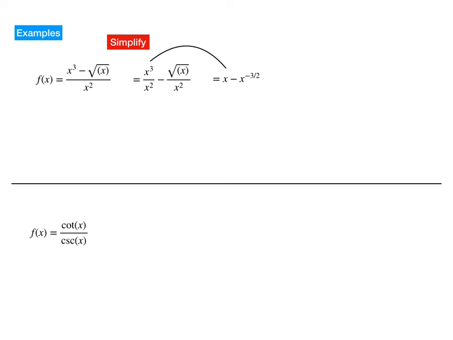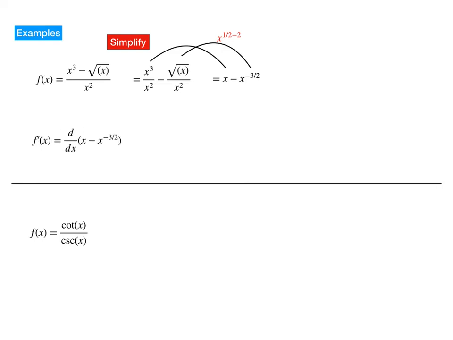So for x cubed divided by x squared, using the exponential property, it's going to be equal to x. Similarly, using the exponential properties, it's going to be x to the 1/2 minus 2, which equals x to the -3/2.